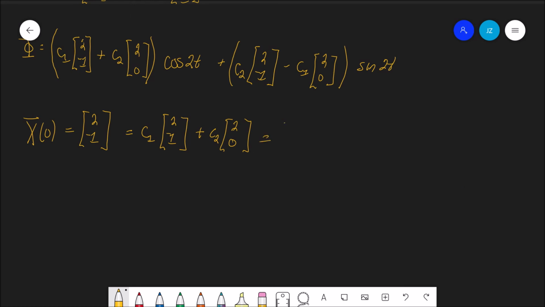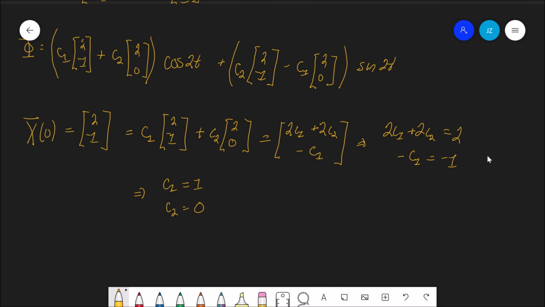Combine these together, we'll get (2c1 plus 2c2, negative c1). So we have the system that 2c1 plus 2c2 has to be 2, whereas negative c1 has to be negative 1, which means, of course, that c1 has to be 1. If c1 is 1, then the first equation says that c2 is 0.